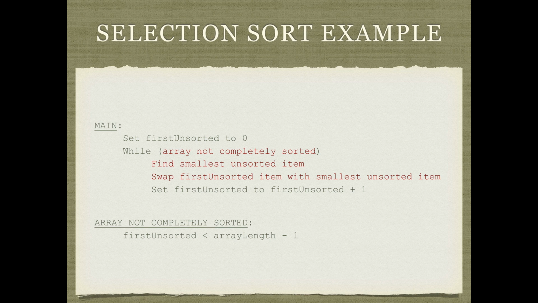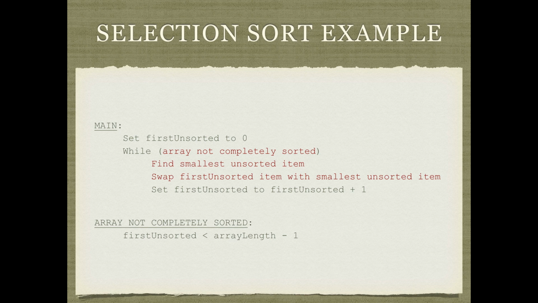Remember that the length of the array, if you have 10 items in the array, then the last index is 9. So 0 to 9, those are your indices. So why would we not want first unsorted to equal 9?